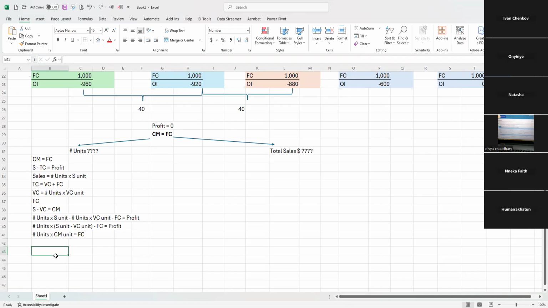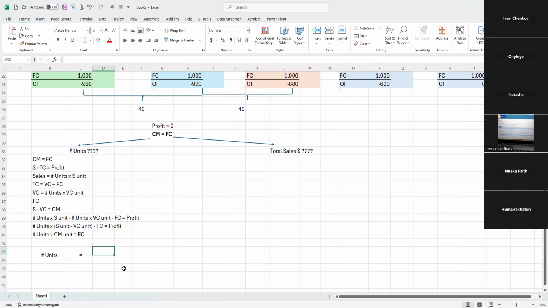So how many units do I need to sell? Can I find out now? Fixed cost by contribution margin. Tell me now, what will be my formula for the number of units that I need to sell? What will be my numerator, denominator here?